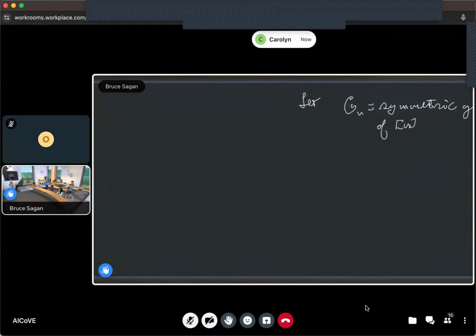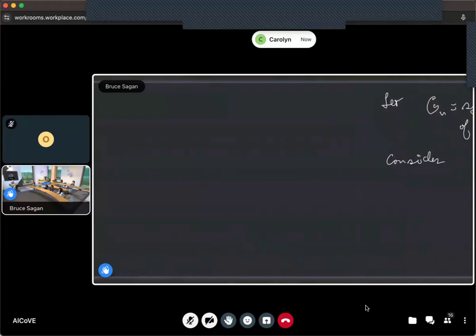Okay. And I'm going to consider the following cyclic subgroup. Call it Cn, and it's the group that's generated by the n-cycle n, n minus 1, down to 1.